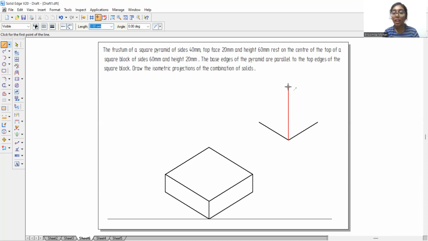So at the edge of the altitude, we draw a 20 mm line with a 30-degree angle. We draw another line of similar length 20 mm and angle 150. Now using move tool, we complete the top face.